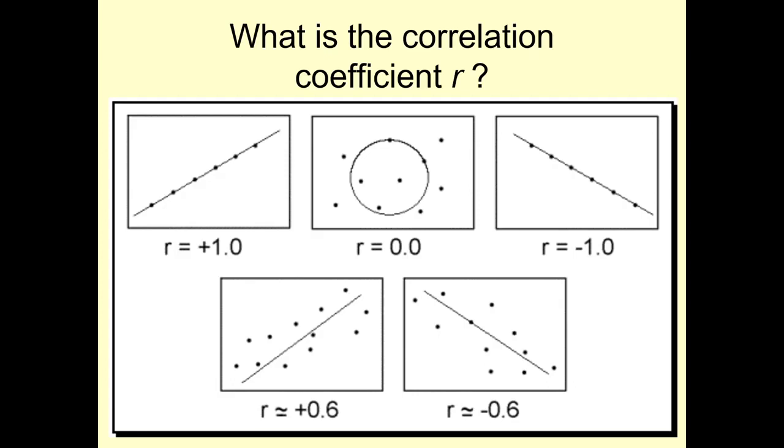So when there is no correlation at all, R will be equal to 0. So there is no significant correlation, there is no pattern.